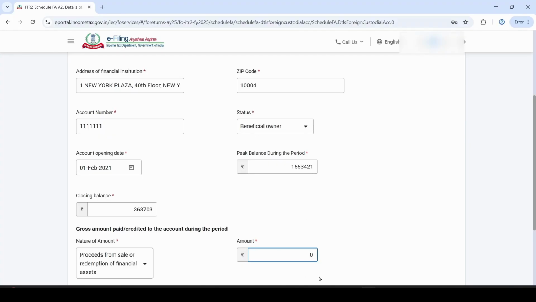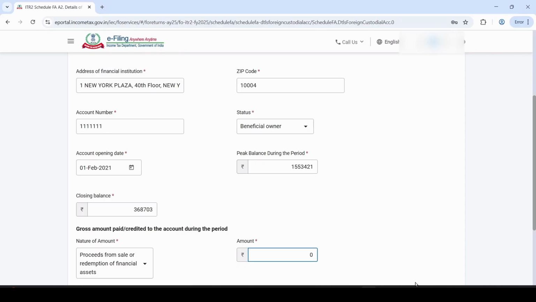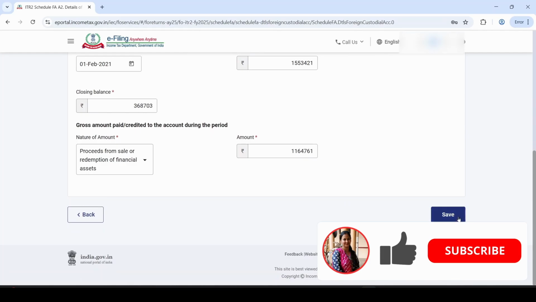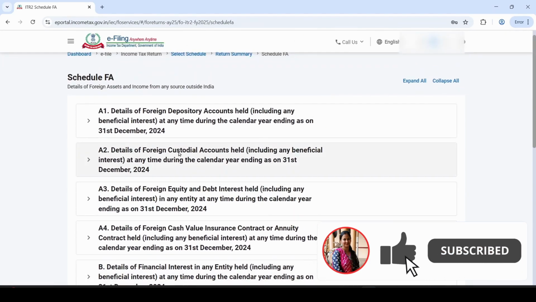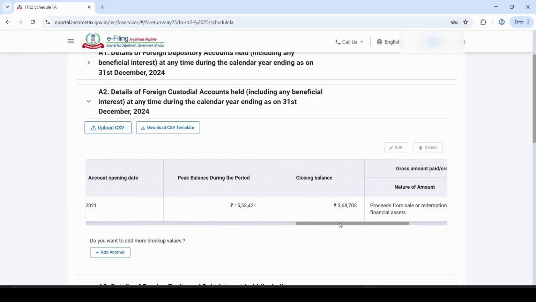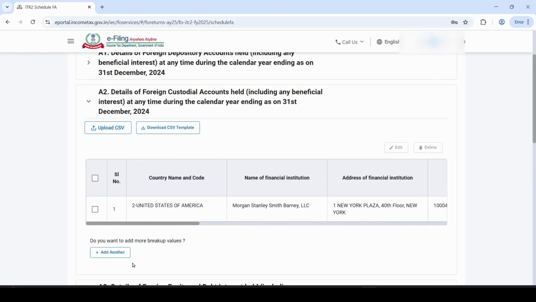So our sale value in INR would be sum of sale value, that is 11,64,761. Now click on save. Now you can see our broker account entry is reflecting here. If you have more than one broker, you can click on add and add that.